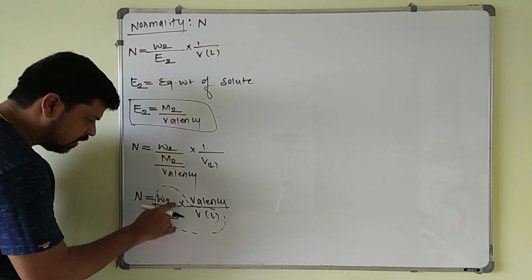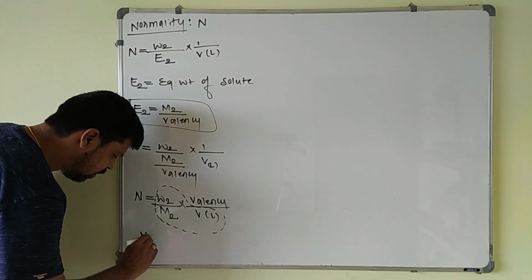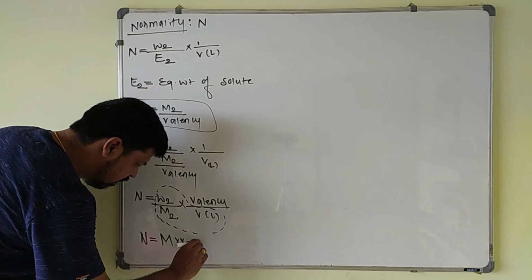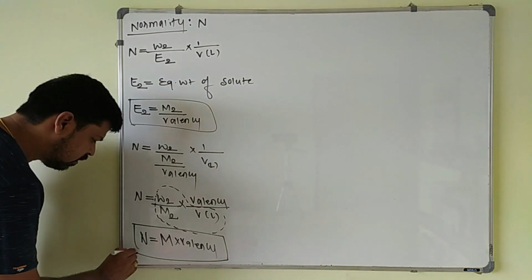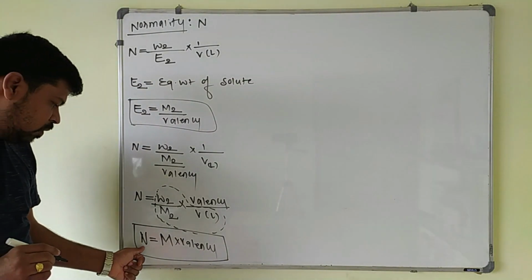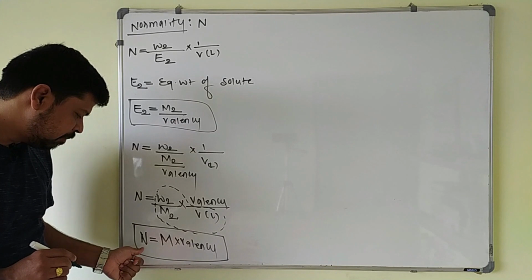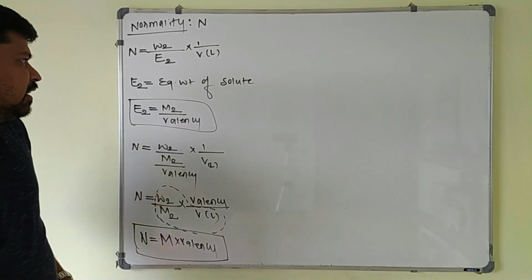This term is replaced by the molarity. Normality is equal to molarity capital M into valency. Always keep in mind, this is the relation used to interconvert normality into molarity and molarity into normality.